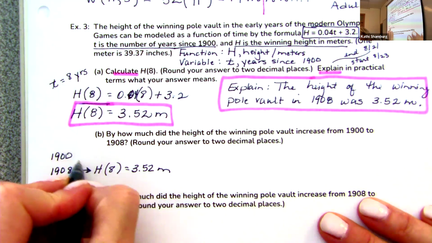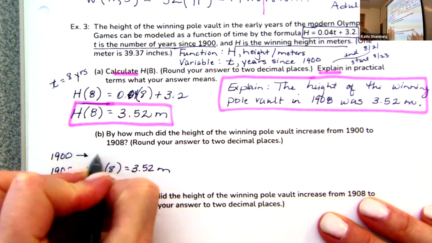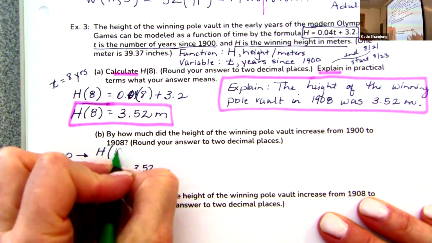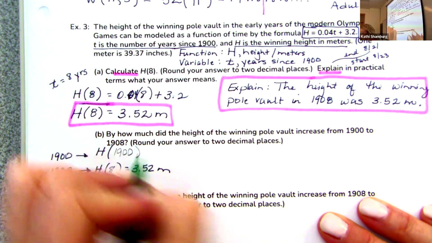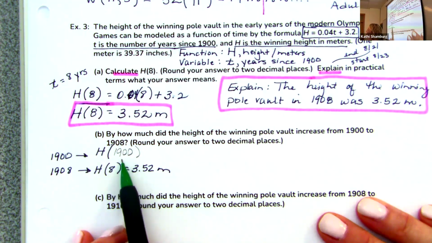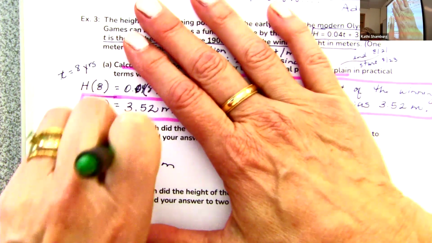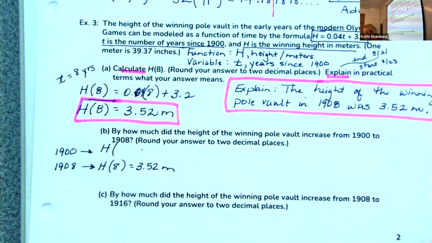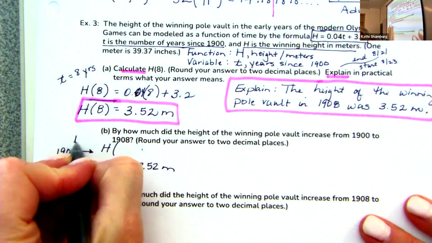Now, this is where you need to be careful. I'm not going to do this. That would mean 1,900 years since 1900, right? So you don't ever put the year in the parentheses. The variable was years since 1900.